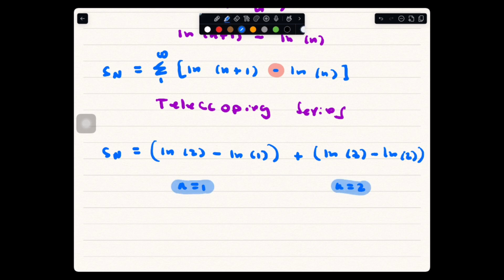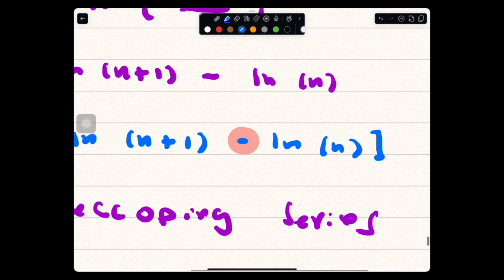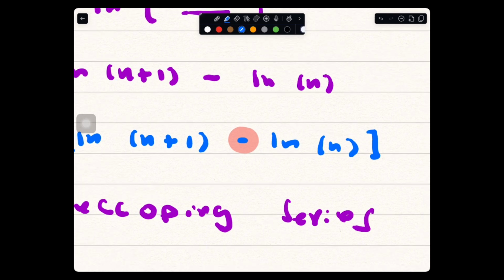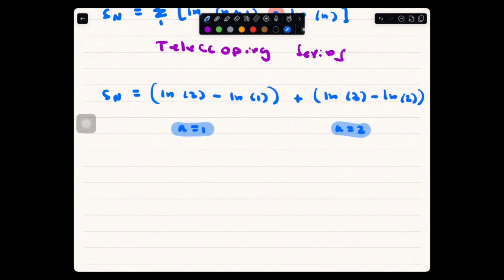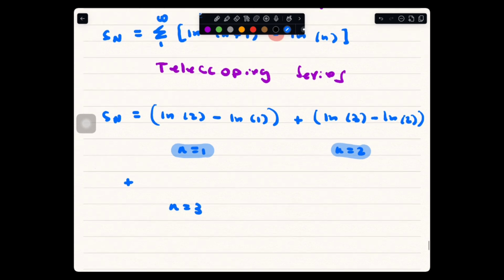Now remember, these terms, n and n plus 1, differ by really one value there, right? So I'm going to do a couple more pairs here. Or, yeah, n is 3. You say when n is 3, we get natural log of 4 minus natural log of 3 now.